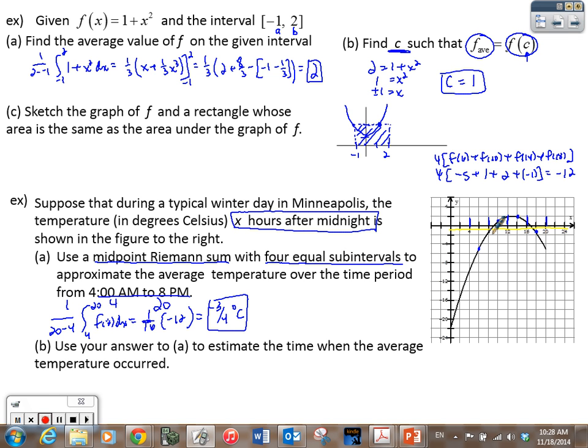So here and here, which is around 9 and around 17. Again, that's an estimate, and that is hours after midnight.